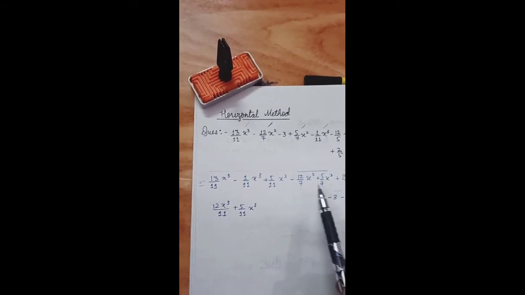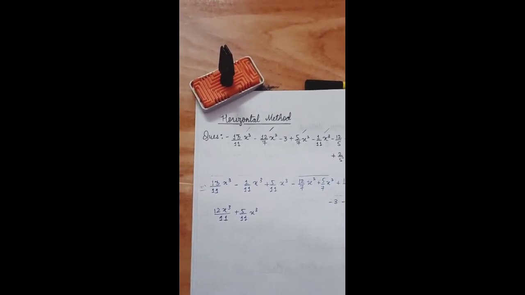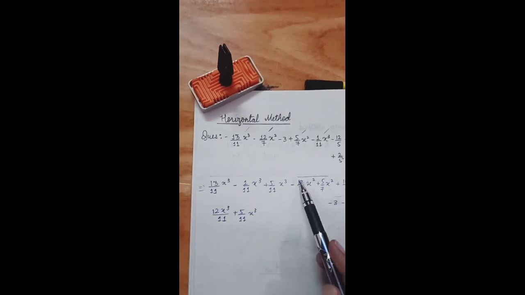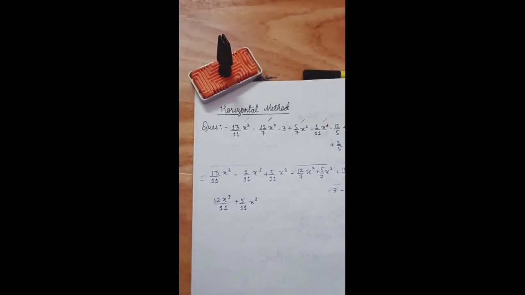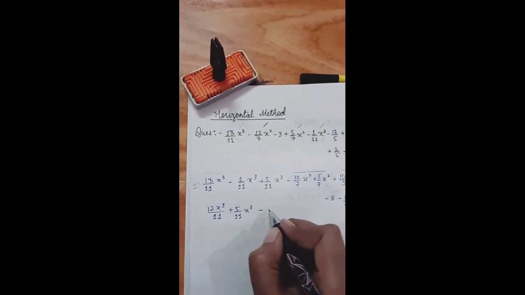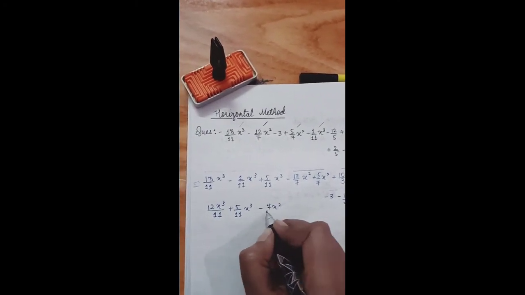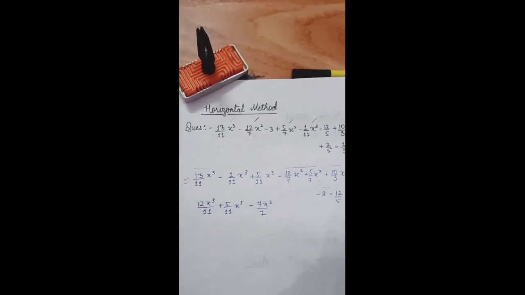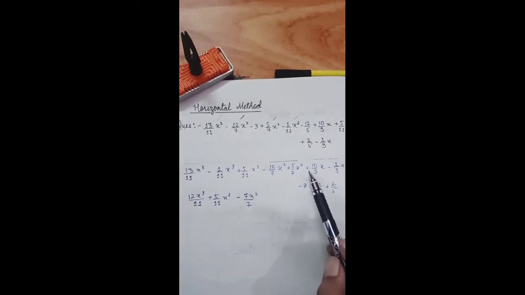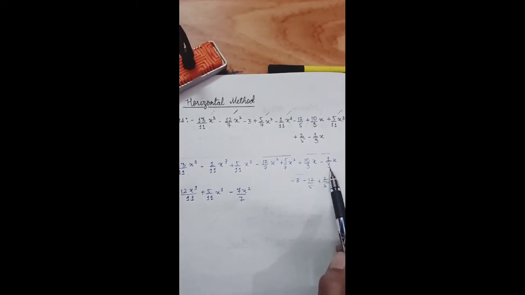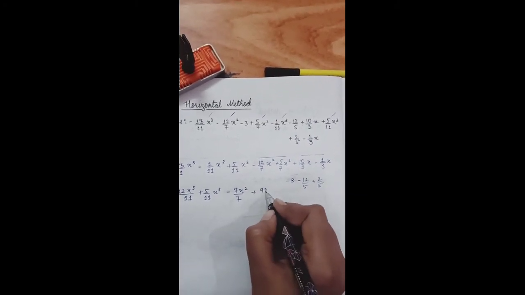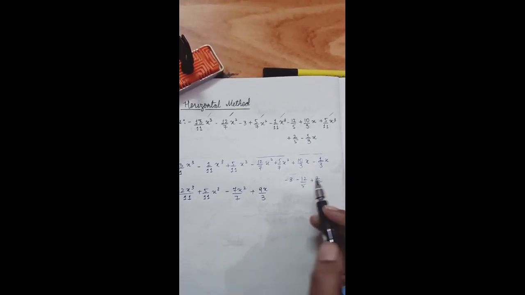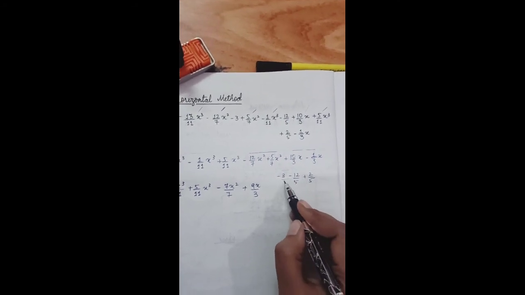Here also the denominators are the same, so we will subtract 12 and 5. So here we get 7 minus 7x square by 7. Now here also the denominators are the same, so here we get plus 9x by 3. And here we have minus 3 by 1, right?